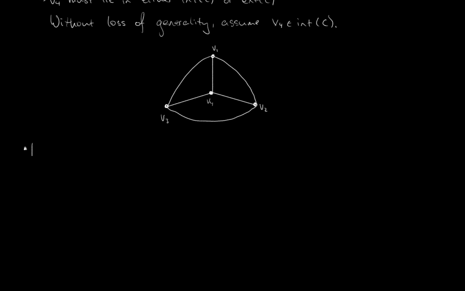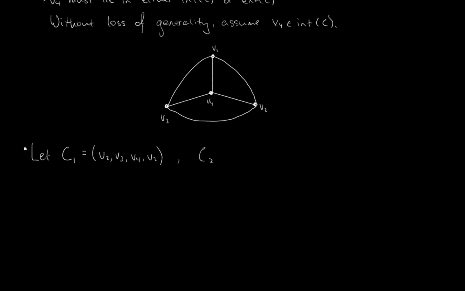So what we want to do now is consider these cycles over here, and let's give them formal names. Let C1 equal the cycle from V2 to V3 to V4 back to V2.